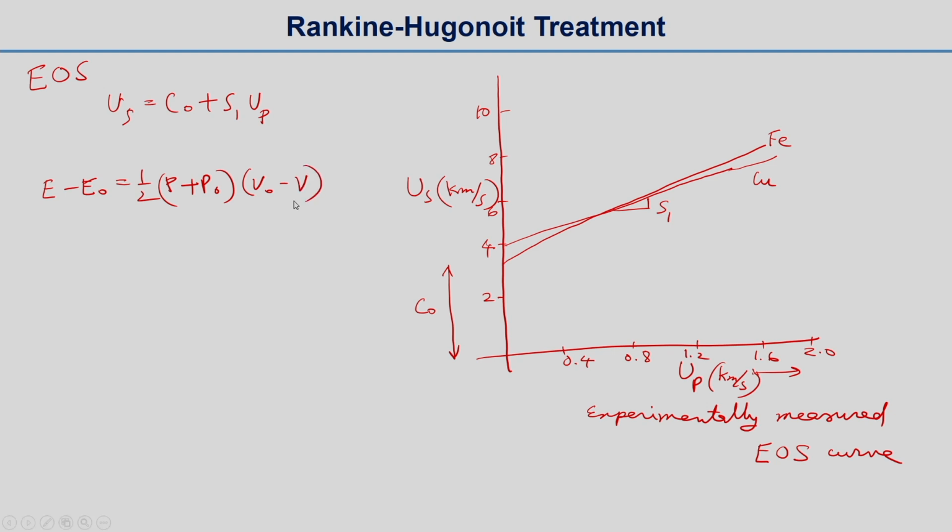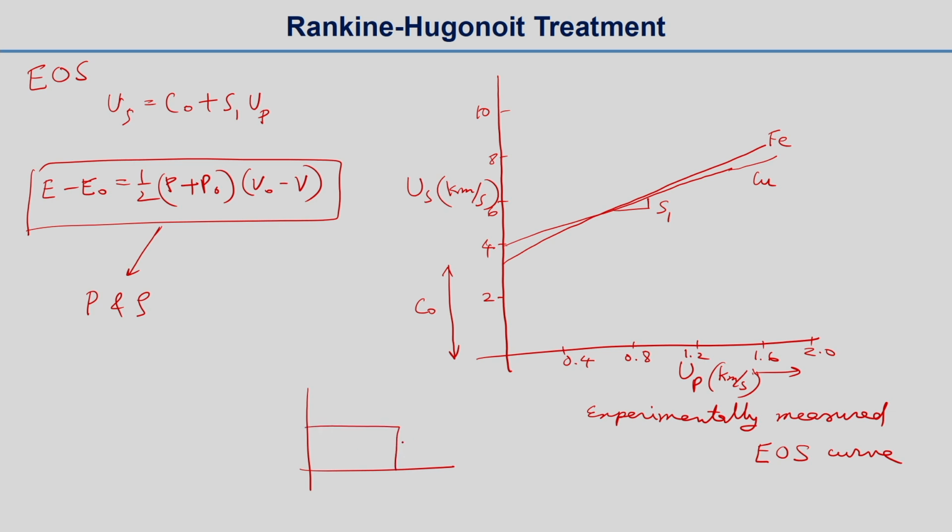So, this equation actually establishes a relation between pressure and density, that is immediately behind the shock wave. That means this is the shock wave, so it is traveling with US. So, behind the shock wave, what is the pressure and what is the density.